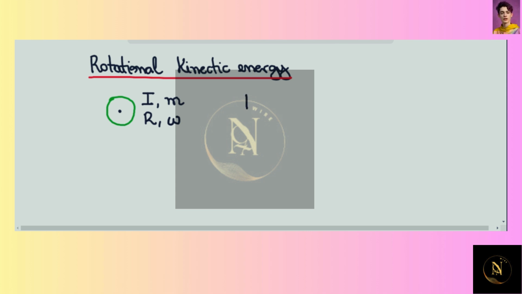Then the rotational kinetic energy of that object is 1/2 of the moment of inertia times the angular velocity squared. This is the kinetic energy due to rotation. And if the center of mass also has a velocity, then the kinetic energy of the center of mass is 1/2 of the mass times v squared.